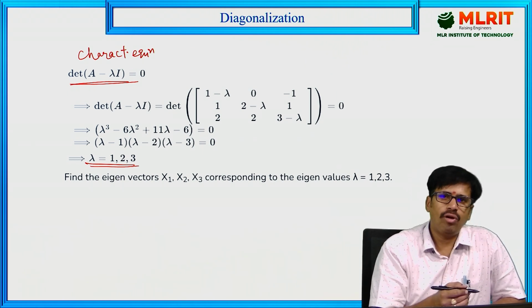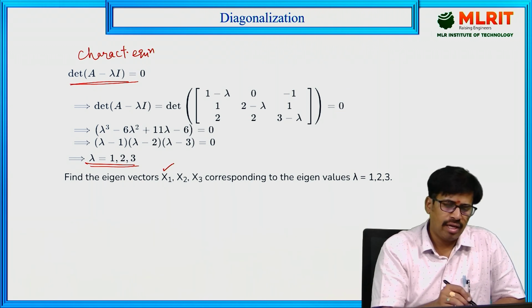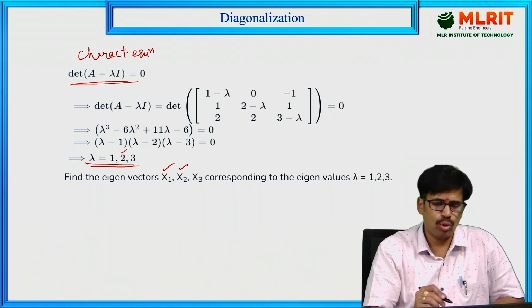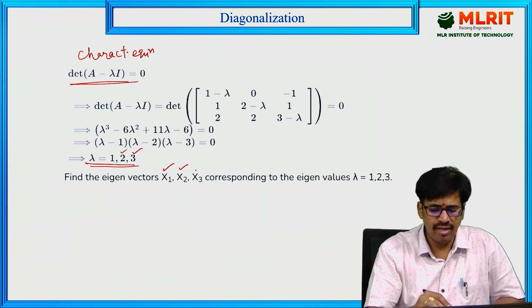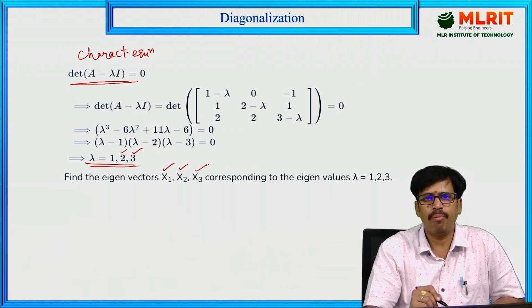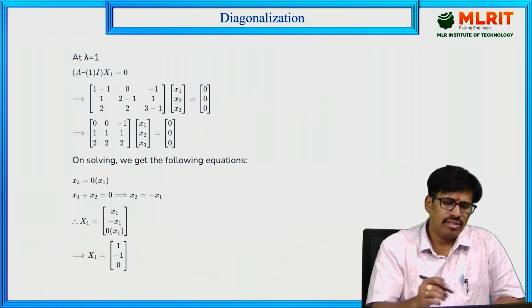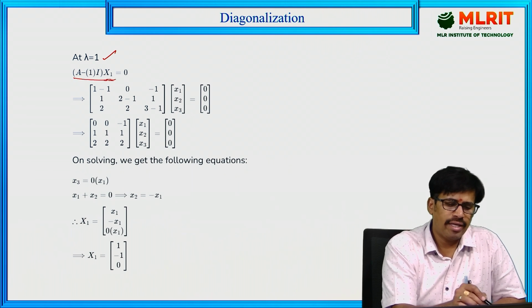Corresponding to lambda equal to 1, let us denote the eigenvector with x1. Corresponding to lambda equal to 2, the eigenvector is denoted with x2, and corresponding to lambda equal to 3, the eigenvector is denoted by x3. So let us find those eigenvectors. First, corresponding to lambda equal to 1. A minus lambda I into x equal to 0.